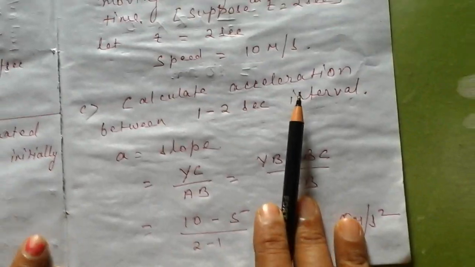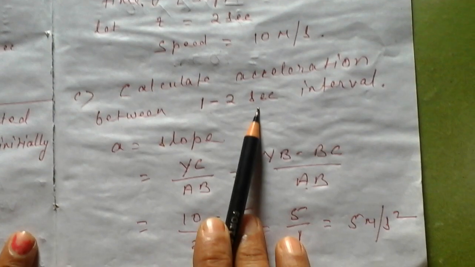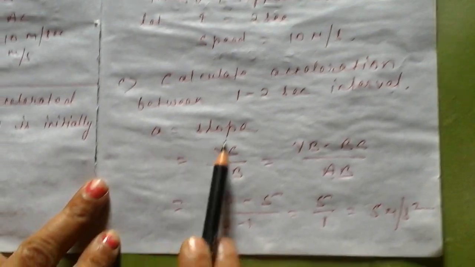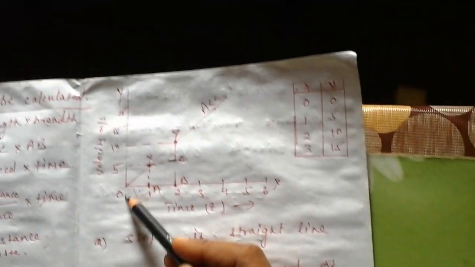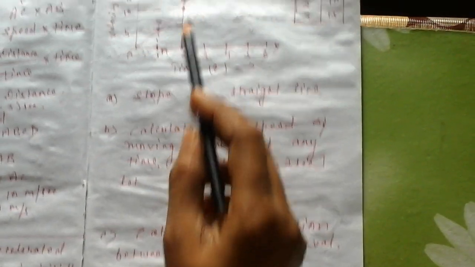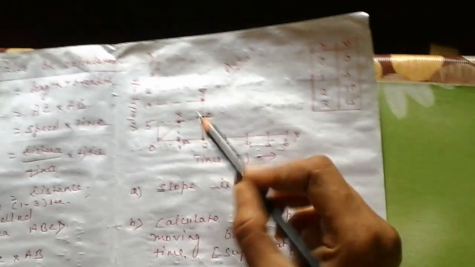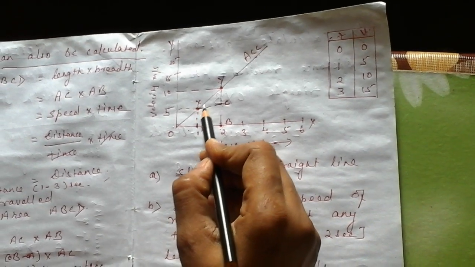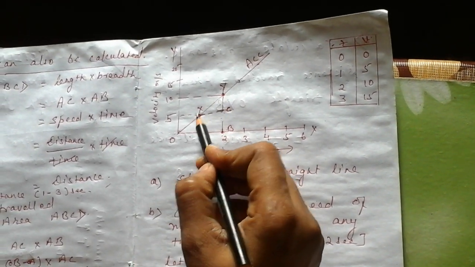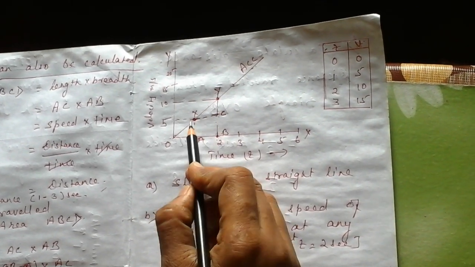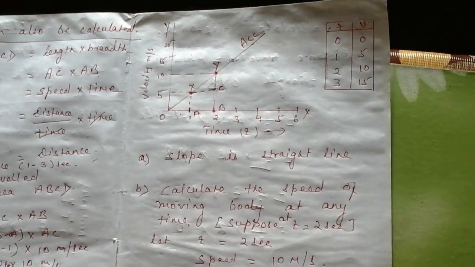Let us calculate the acceleration between 1 and 2 seconds. I have taken the time interval 1 to 2 seconds. Acceleration is the slope, which is YC by AB. Here XC is the time axis and YC is velocity.